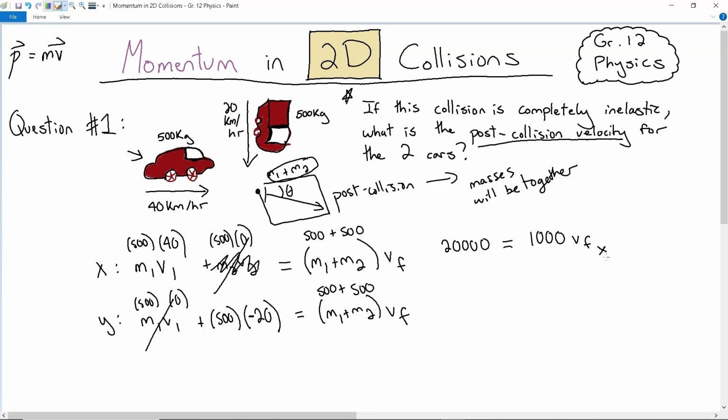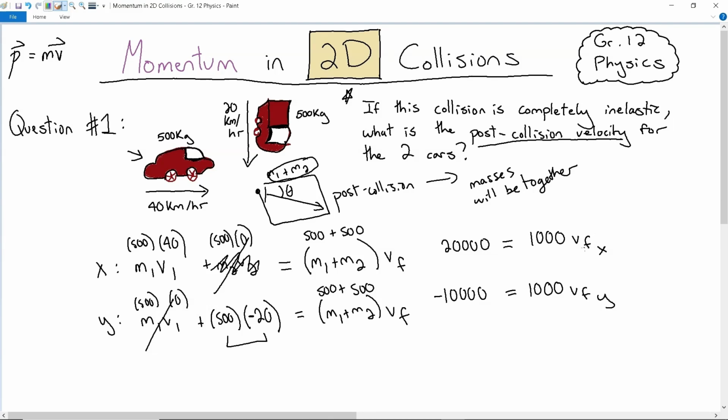Our final velocity in the X dimension. For our Y equation, we're going to look at our values here. 500 times negative 20 gives us negative 10,000. And we also have 1,000 VFY.